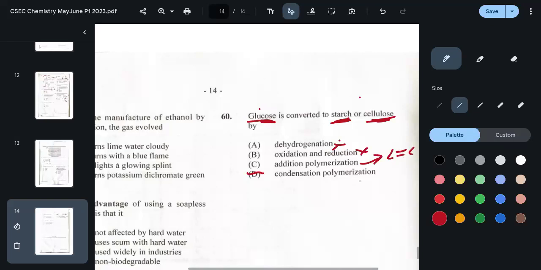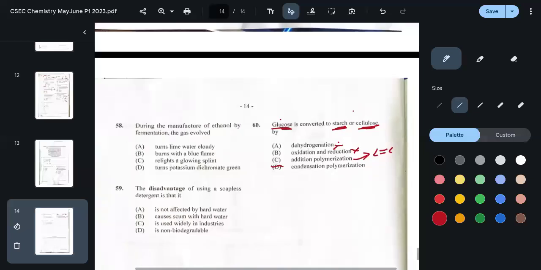So anything where they don't mention an alkene is condensation polymerization. Starch is a polymer formed from glucose by condensation polymerization. I did the multiple choice because it gave you a broader range of questions.